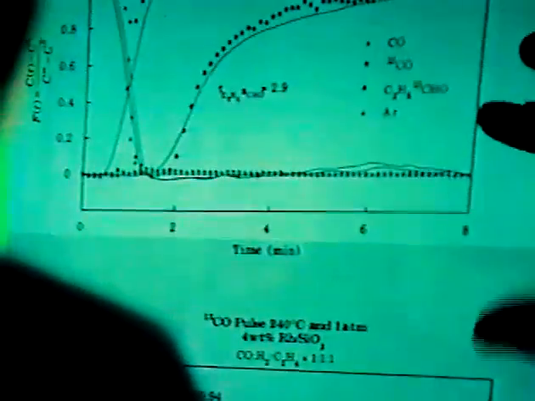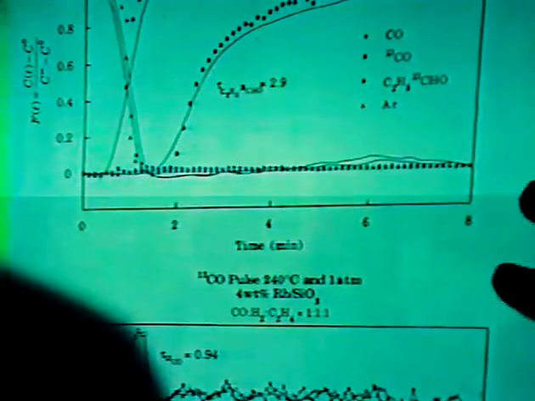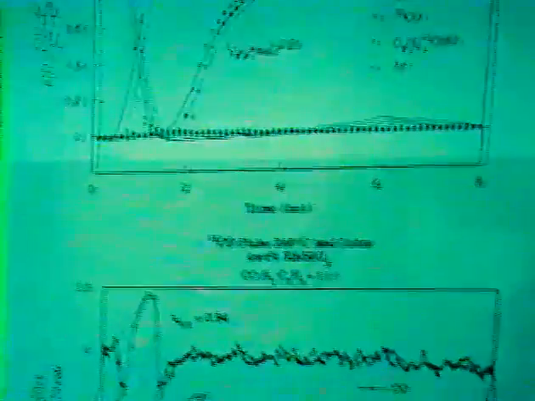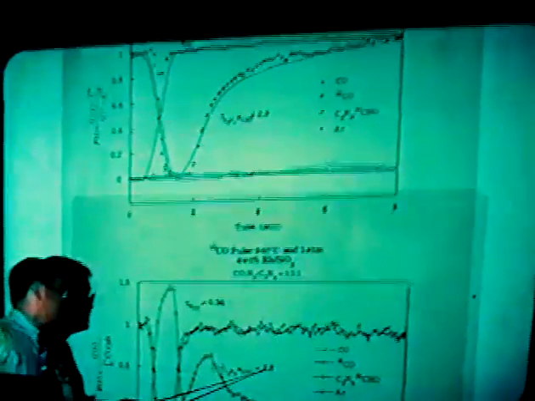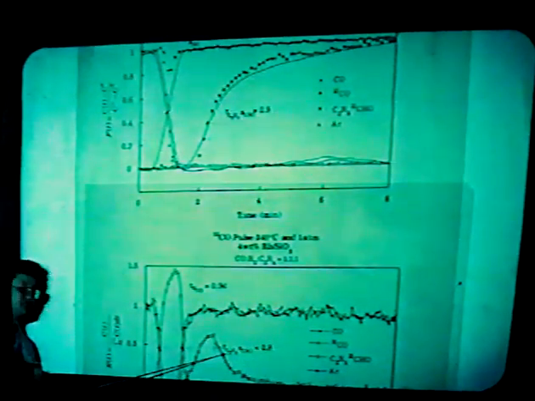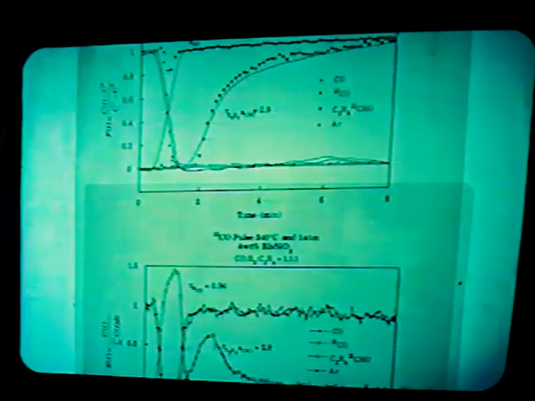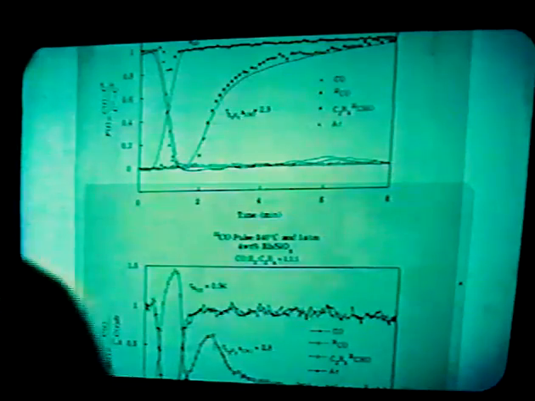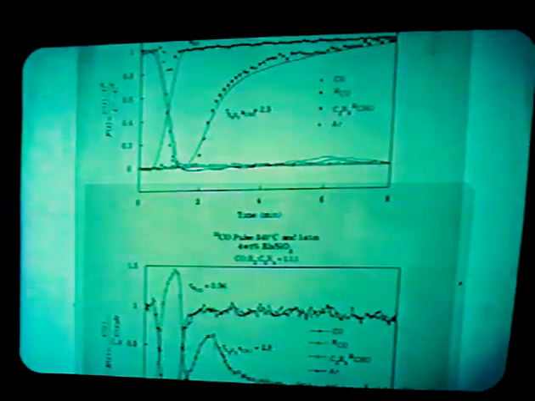Let's compare the step switch data with the pulse data. In the pulse experiment, we found tau is around 2.8. Tau is the average residence time of the intermediate leading to propionaldehyde. So the number is very close. Then we also take this data here. These points are data points we collected from the mass spec.